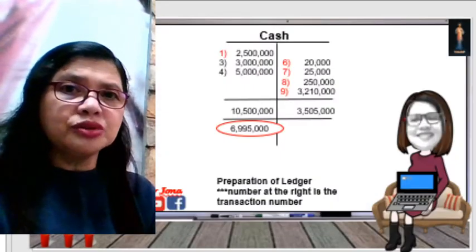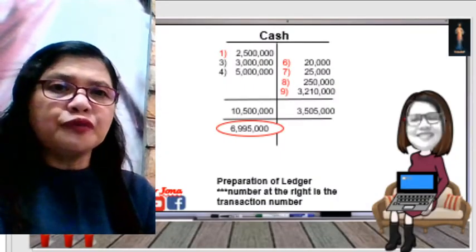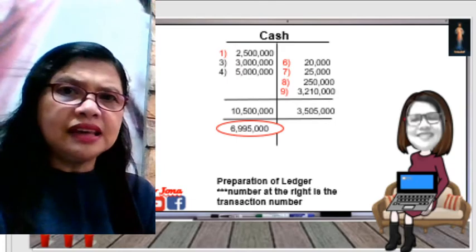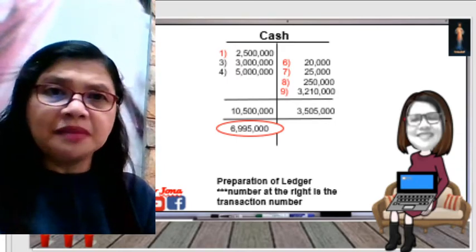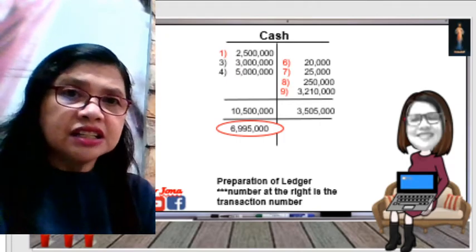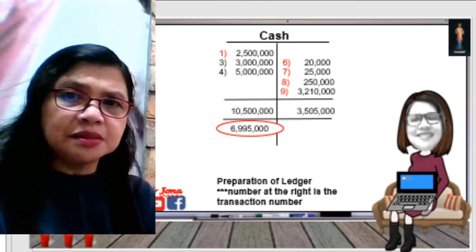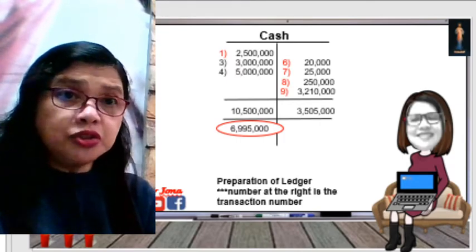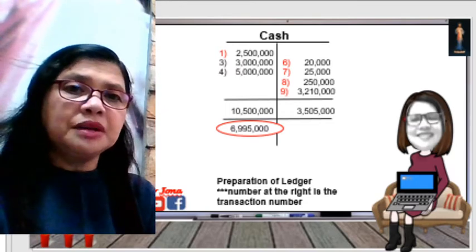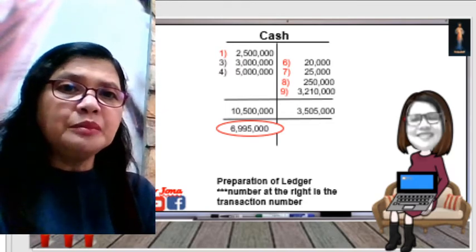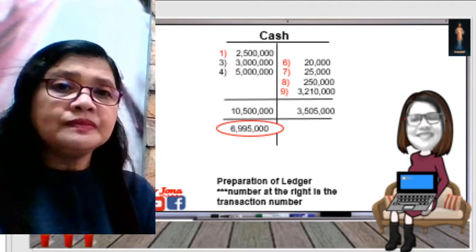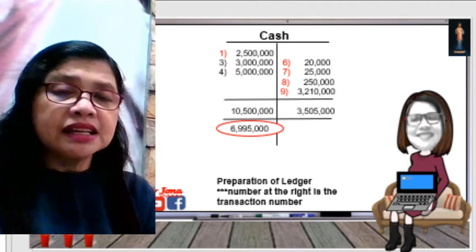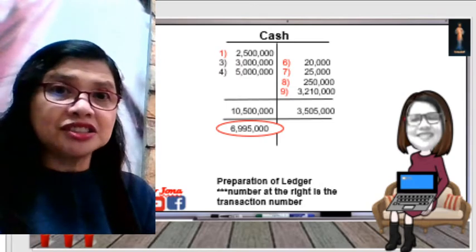And now we go to the ledger. From the many accounts, I think the account that made many changes is the cash. So the balance is 6,995. How did we arrive again at 6,995? The numbers on the left correspond to your transaction number, and the numbers on the right correspond to your transaction value.